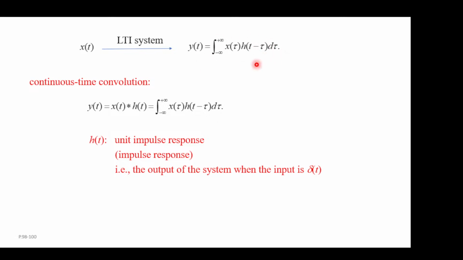So it's very similar to discrete time, but you have integration here. And this h of t, once again, is called the unit impulse response. It's the response to the unit impulse input, which is this very singular delta of t.